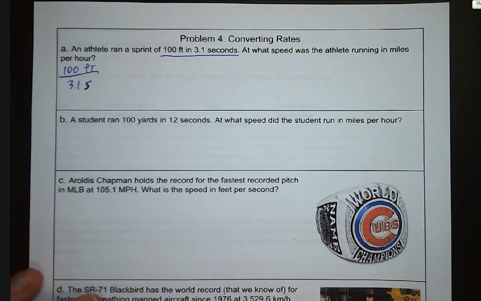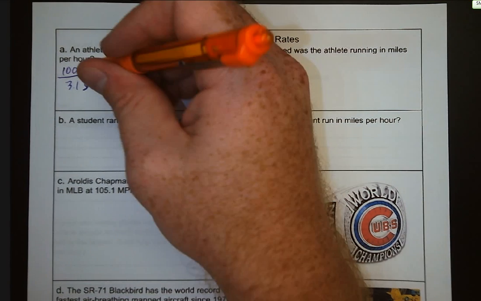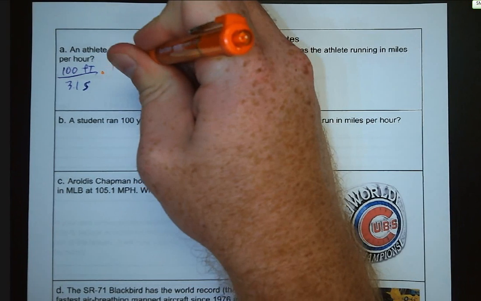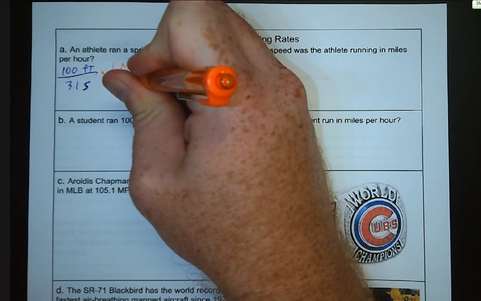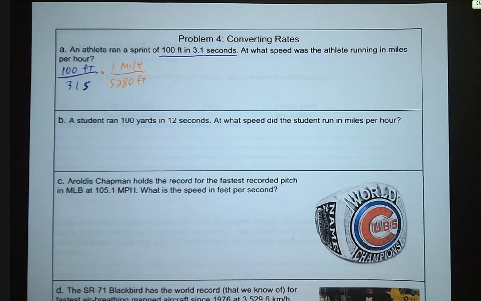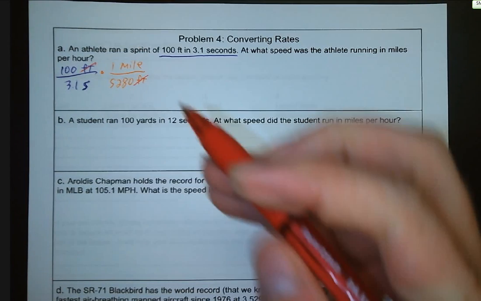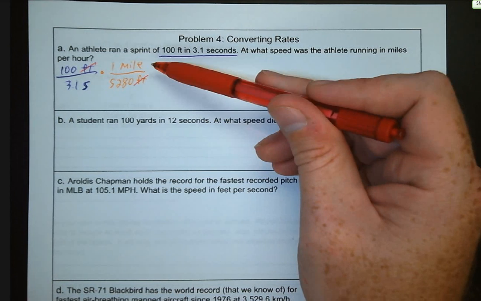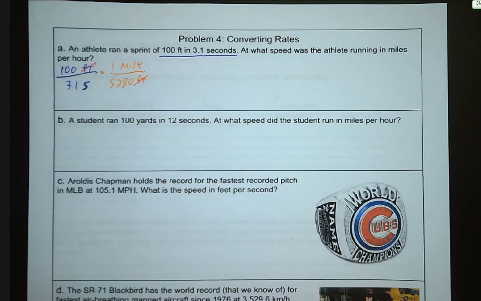All right, so the first thing we need to do, well, let's start with that 100 feet and work towards miles. So I know that 1 mile is equal to 5,280 feet. Let's check our units. I now have miles over seconds. See why I'm being a stickler on the units? Are we there yet? Do we have miles per hour?